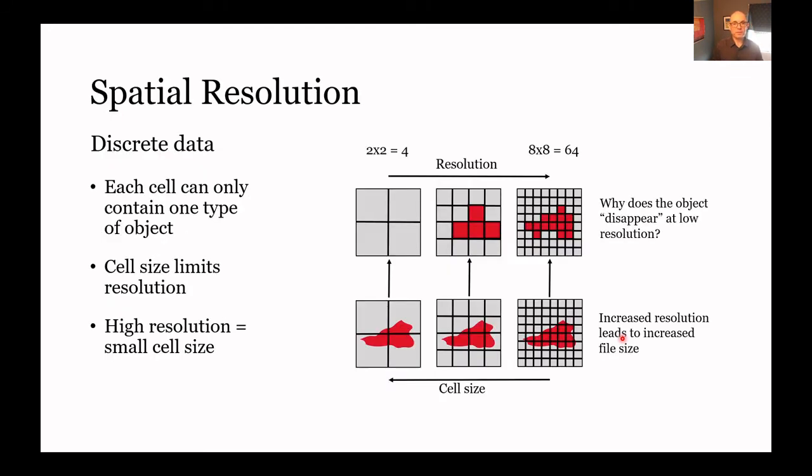So let's look at spatial resolution, the complex one, the one that really does require a little more attention. If we look at discrete data, hopefully you've seen this slide before. If you haven't, it doesn't matter, we'll go through it now. We have discrete data, something is there or it isn't, or it exists in a particular state.